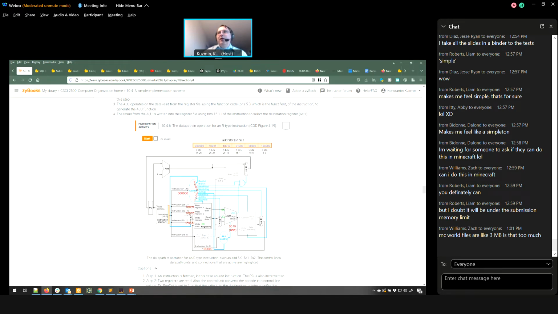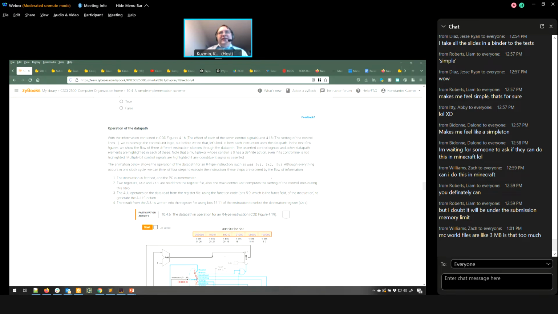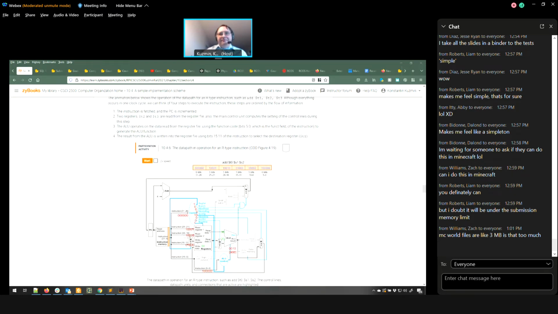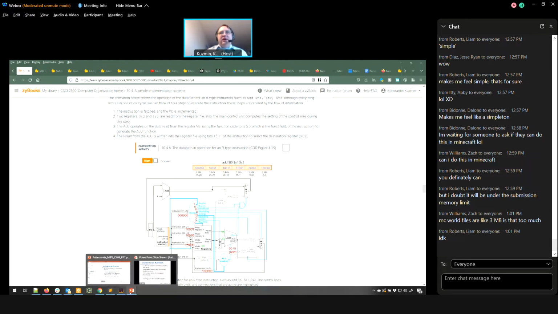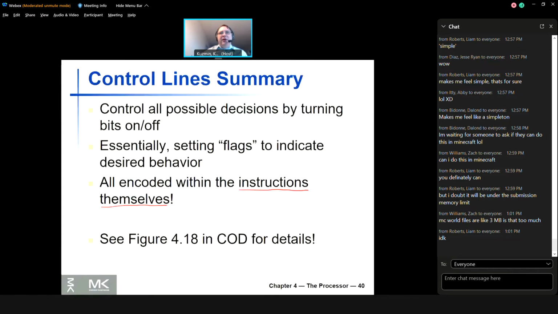Okay, and this is our data path, and now we need to look at how each of the instruction types is executed given our data path, given our processor diagram that we built.